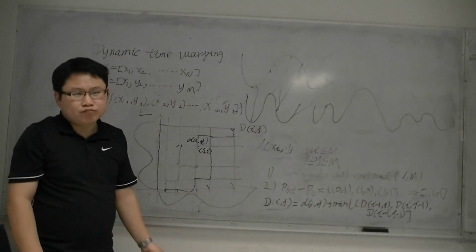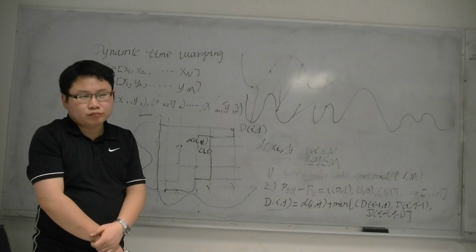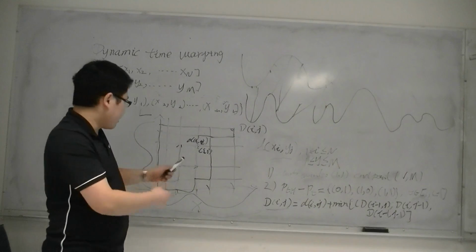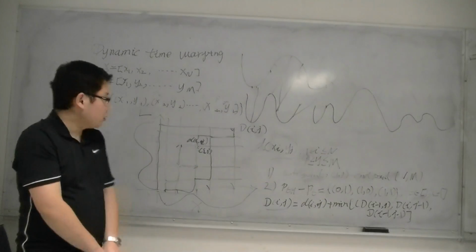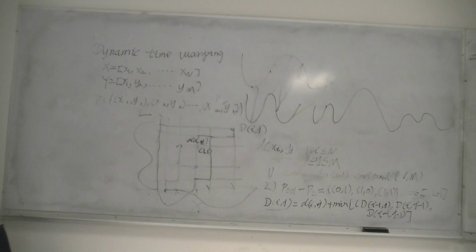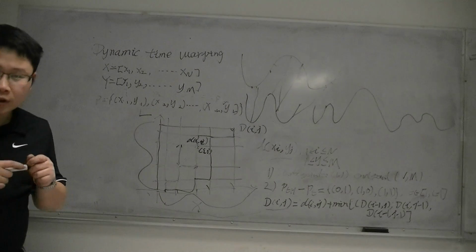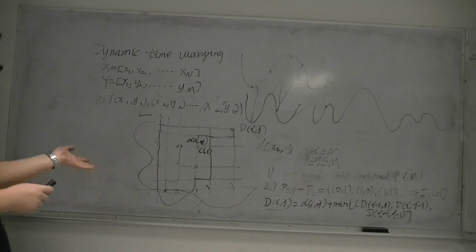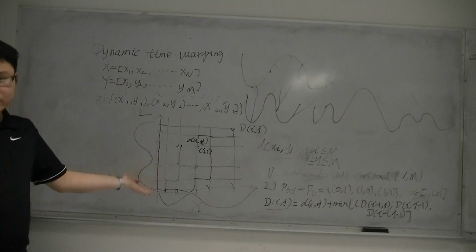You mean even if the sizes of the signals are not the same, you can just use this method to find the matches? Yeah, because for example X and Y, these two signals, don't have the same size, but you can just use it. Whatever your size is, it doesn't matter.